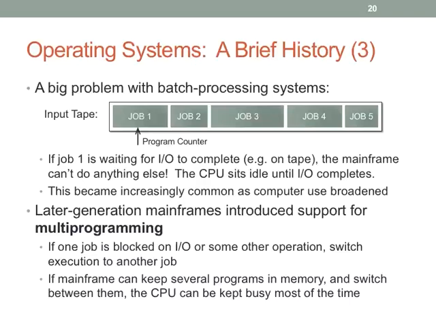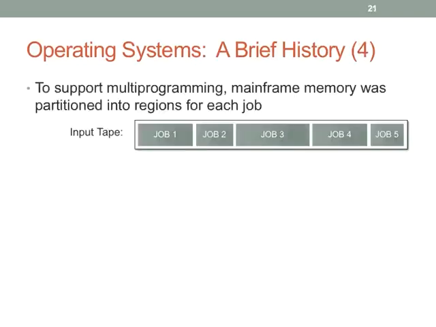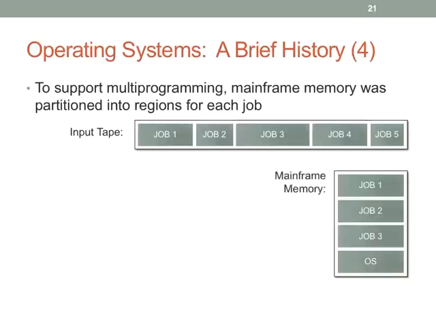Now, what if you have multiple jobs running at the same time? Now you need to start sharing your computer's memory across multiple programs. These programs are not necessarily written all by the same person or team or company. And so basically you had to have some way of separating out each program's data and making sure that one program couldn't access another program's data.